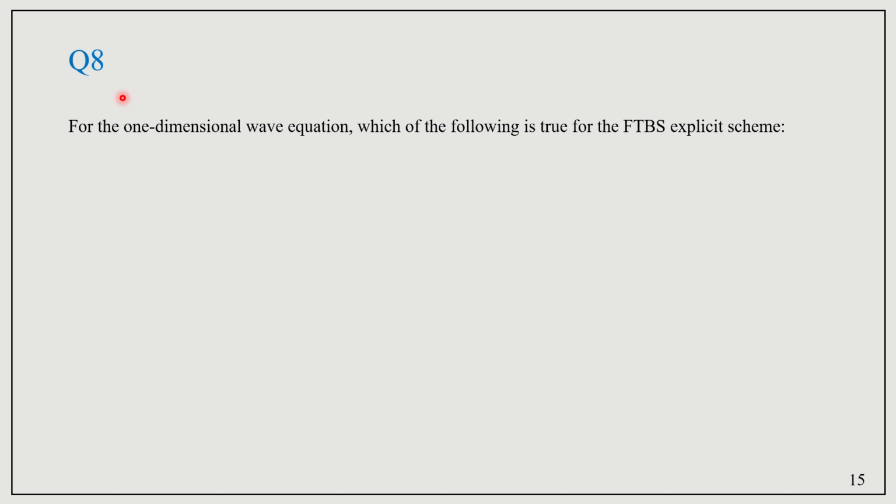Now we are looking at question 8. In question 8, what is given? For the one-dimensional wave equation, which of the following is true for FTBS explicit scheme? Forward in time, backward in space, explicit scheme.